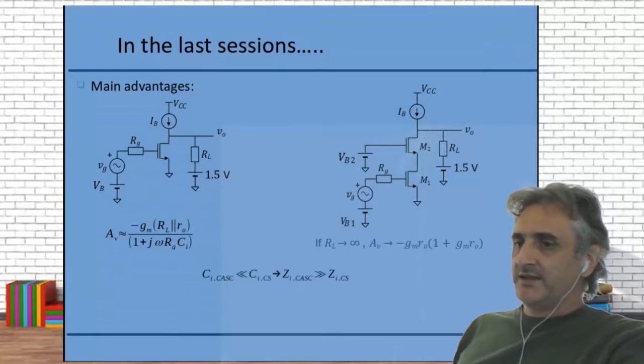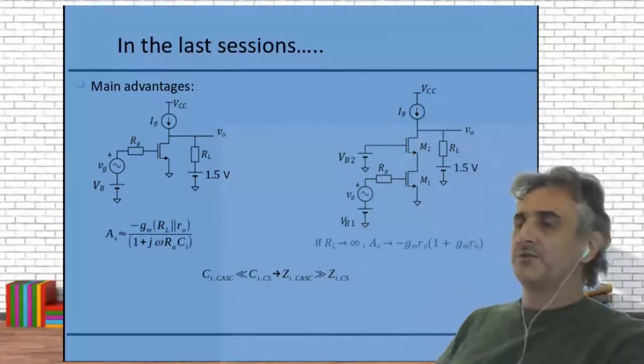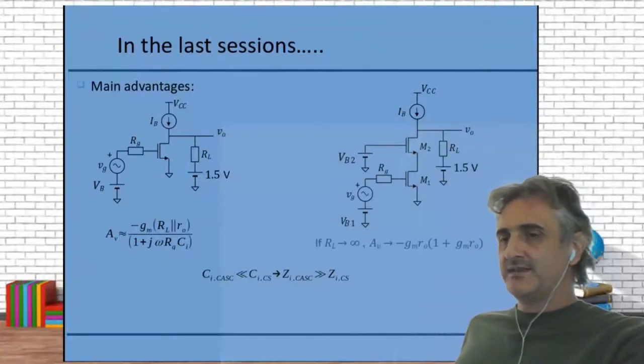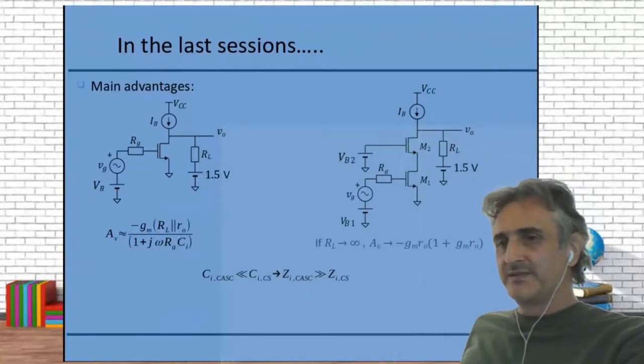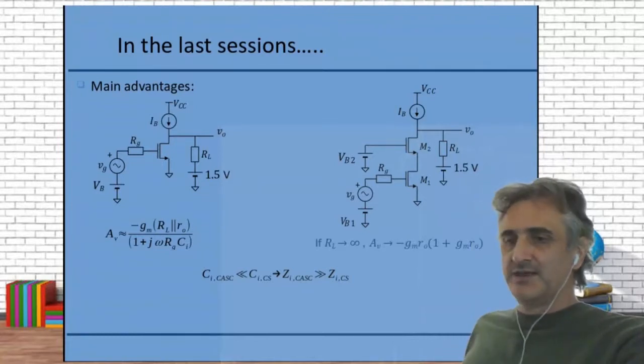Another nice feature of this kind of configuration is that the gate to drain capacitance in M1 is not amplified by the Miller theorem, because the gain there is more or less 1.